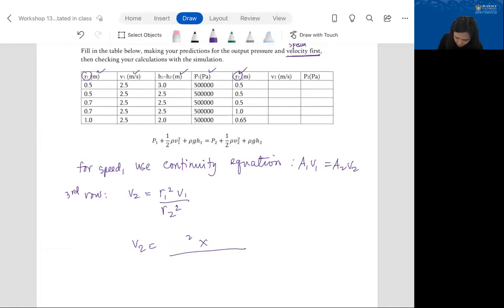So R1 is 0.7 squared, V1 is 2.5 meters per second, and R2 is 0.5 squared. Okay. So don't forget the square there. So V2 will be 4.9 meters per second. Yeah, doing the calculation.